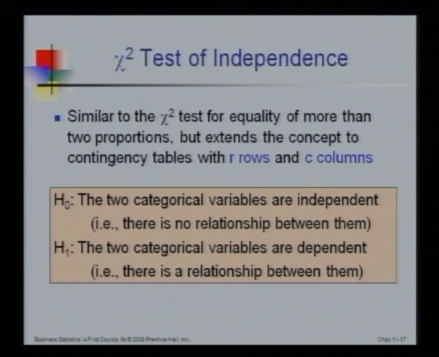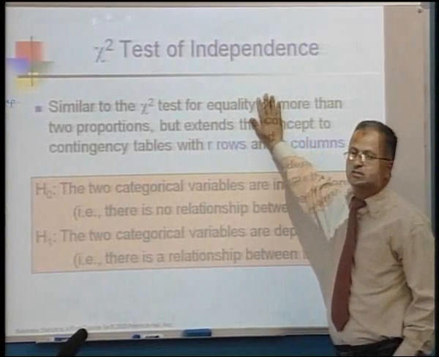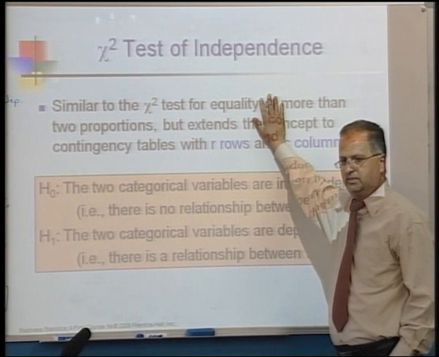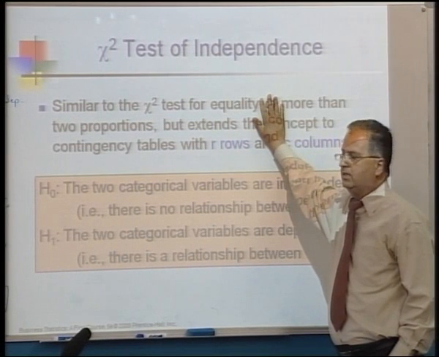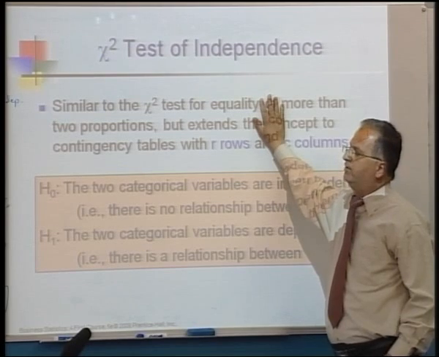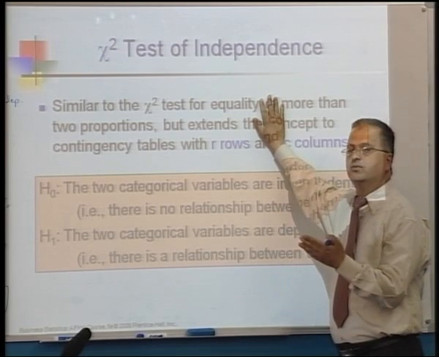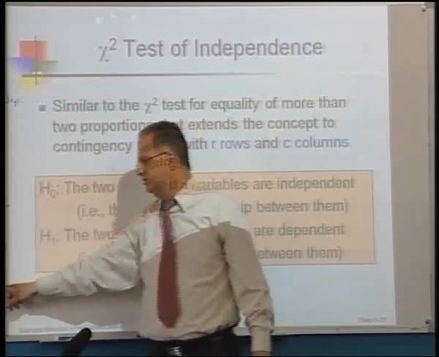region. Another type of chi-square test is called the chi-square test of independence. Generally speaking, more of the time there are more than 2 columns or more than 2 rows.